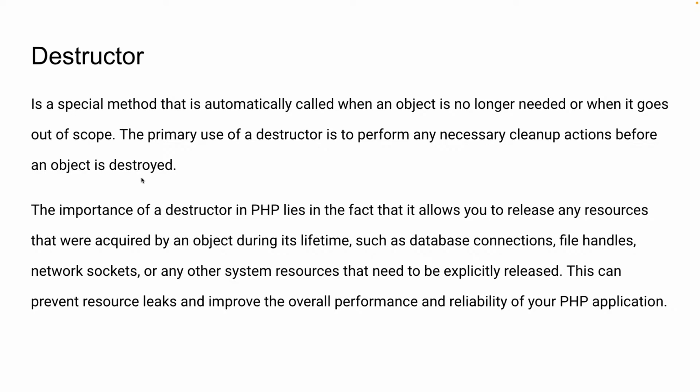It is very important because it allows you to release some resources that might not be required. For example, you may have some methods that connect to a database, some file handle creations, network sockets, and so on and so forth, that you may want to close at a certain moment.